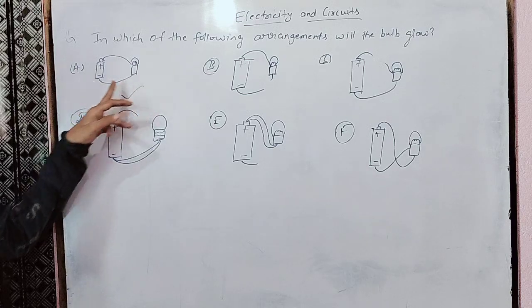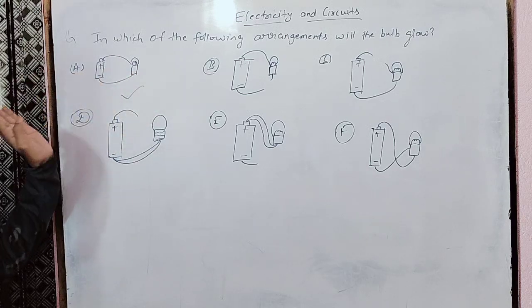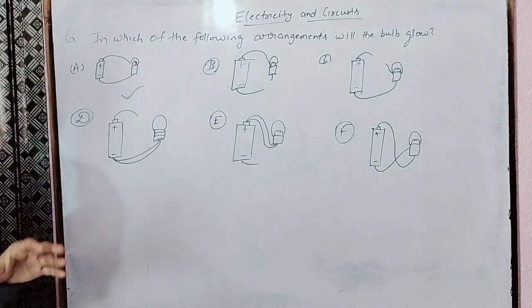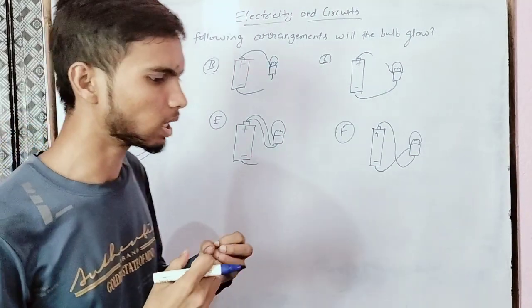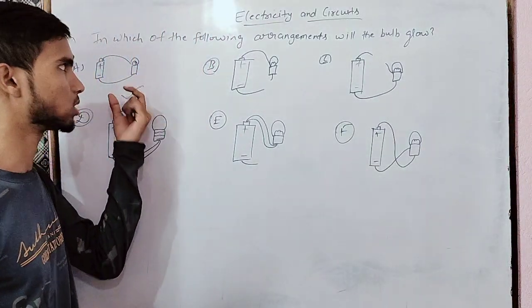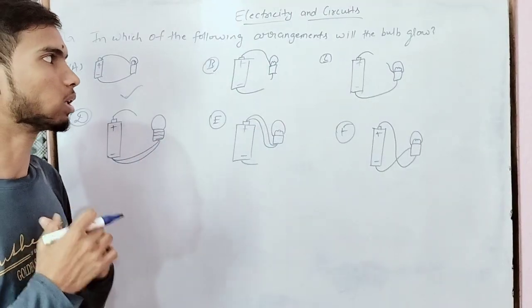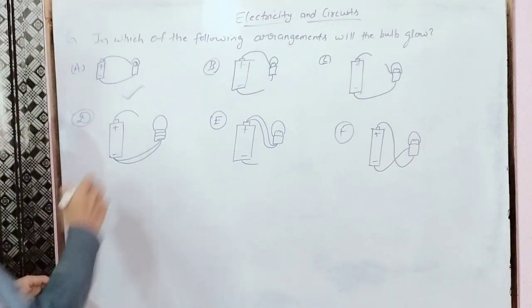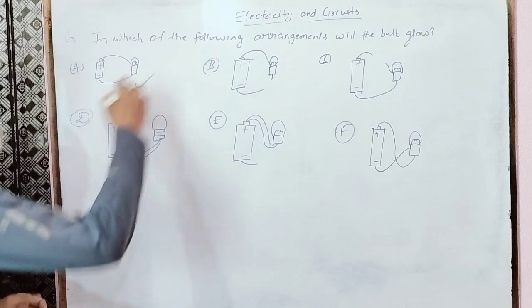So here this wire is working. Everything is right. The arrangement of each element in this figure is correct. And this is a closed circuit. So this bulb will glow.